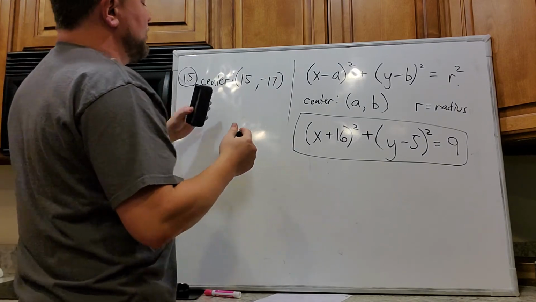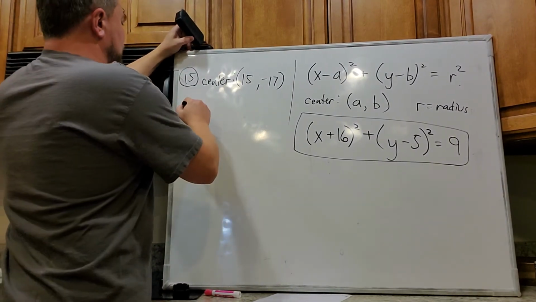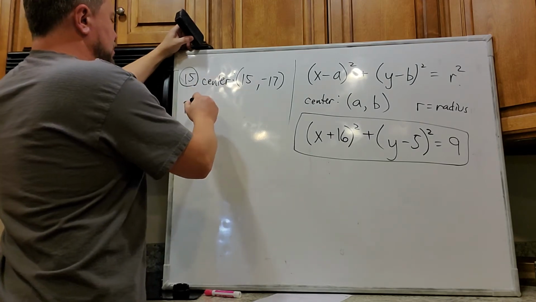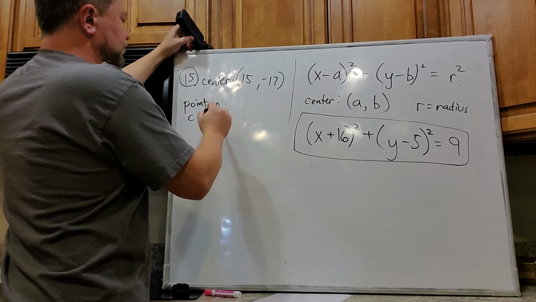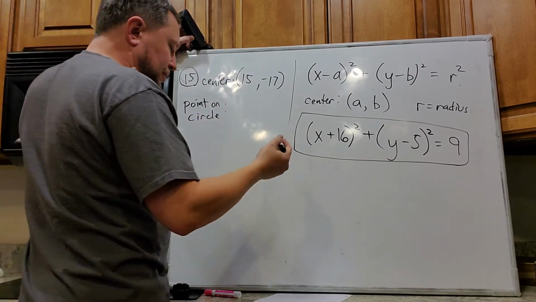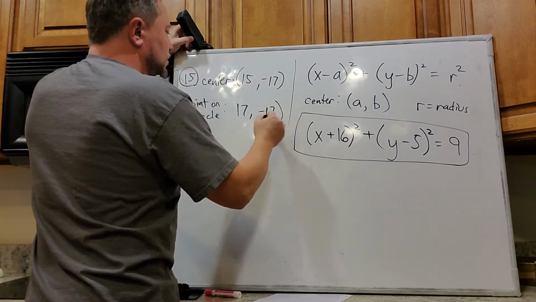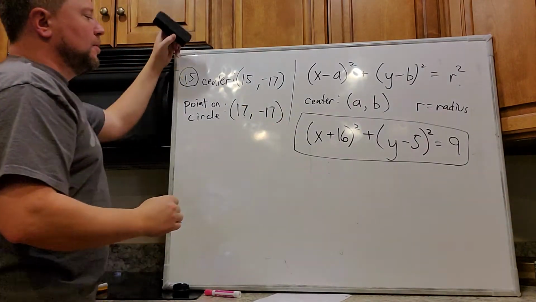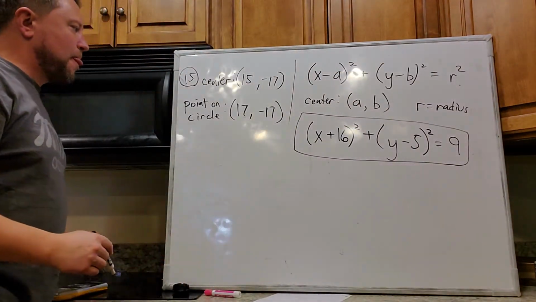And then instead of giving you the radius, though, they make you work for it a little bit here. They give you, in addition to the center, some coordinates of a point on the circle. So it's 17, negative 17 is the point they're giving us on this one.